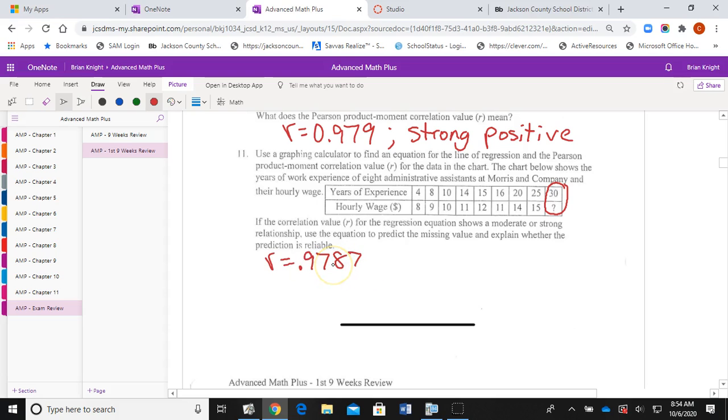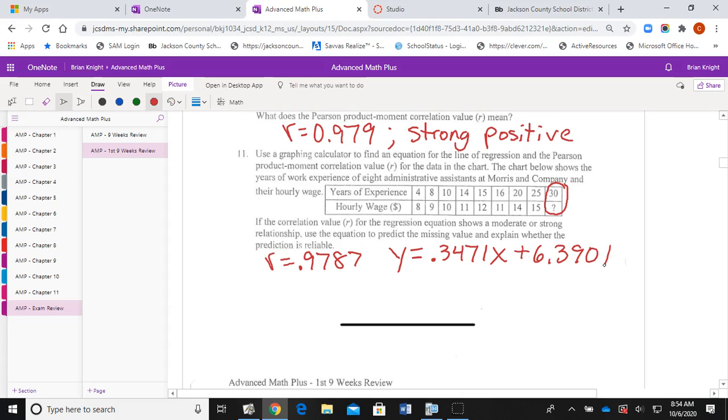Okay, so yeah, that's definitely strong. So what is the equation that it gives you? It should tell you A is 0.3471, X, and then what is B? 6.3901. So there's your equation.